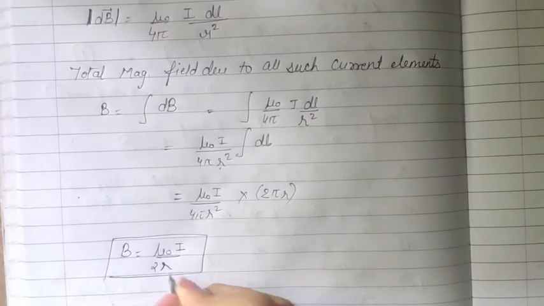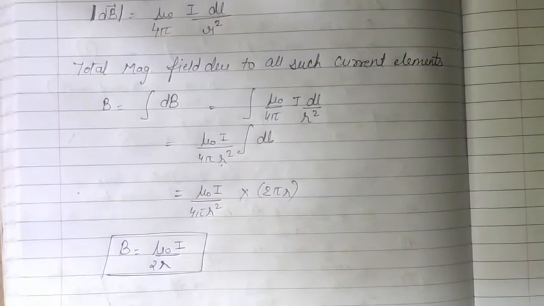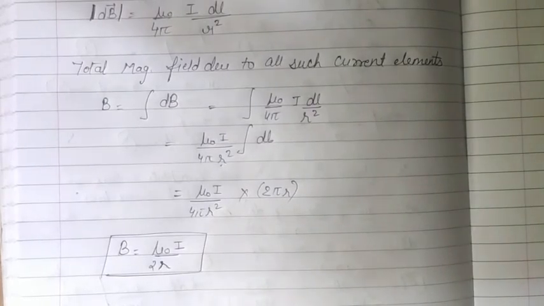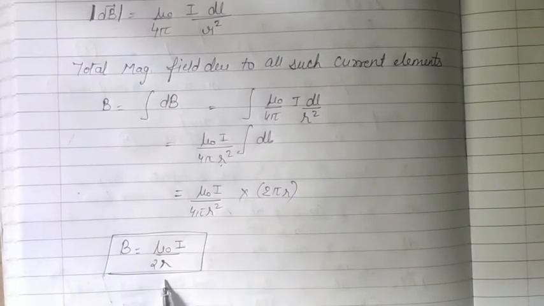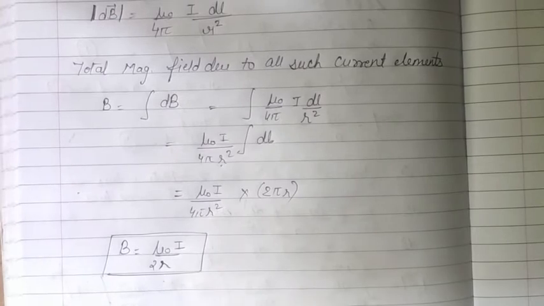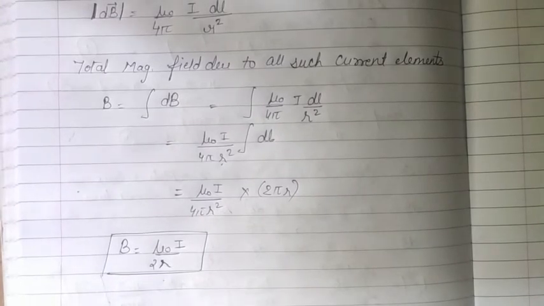This is the magnitude of total magnetic field at the center of the loop, because of a circular loop at its center. Now if there is a single loop, then we have this value. If there is a coil of n turns all wound over one another, that means we have n turns.